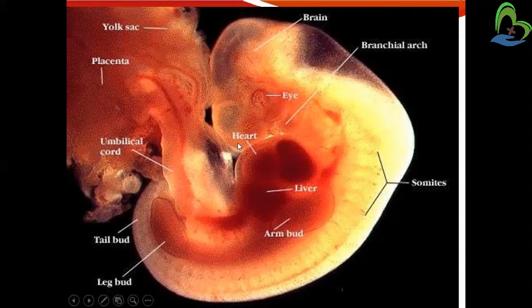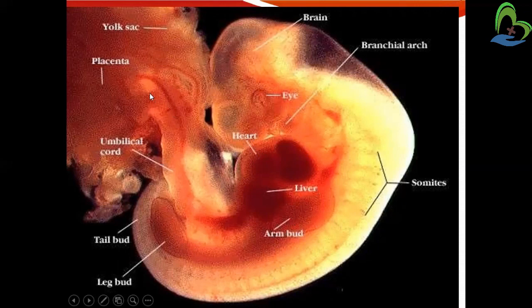Then most of the heart development and heart beating also start in the 6th week. This is the heart and liver of the baby. Then the arm buds, we differentiate anterior and posterior. These are somites which form the proper formation of the brain.